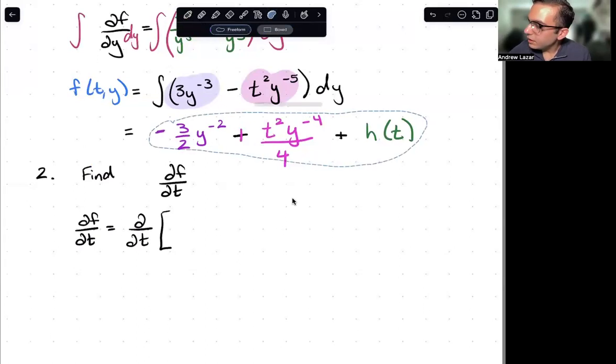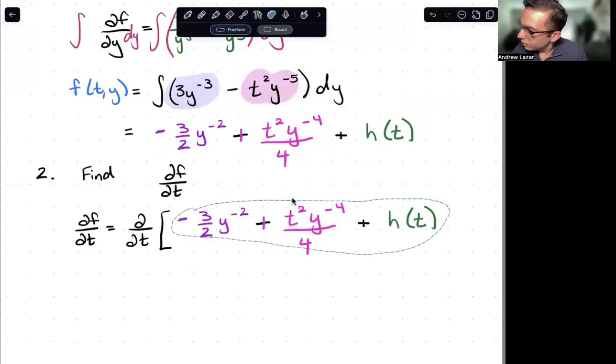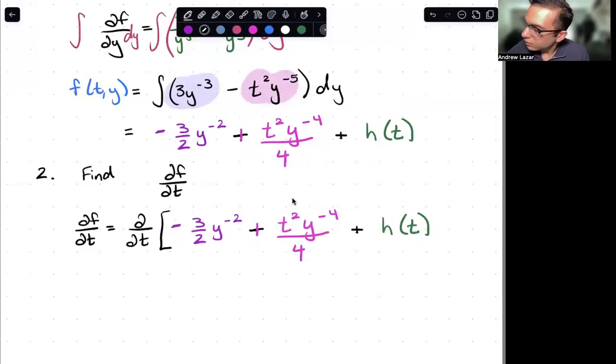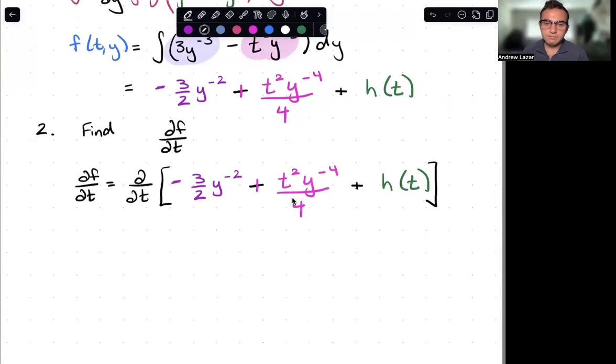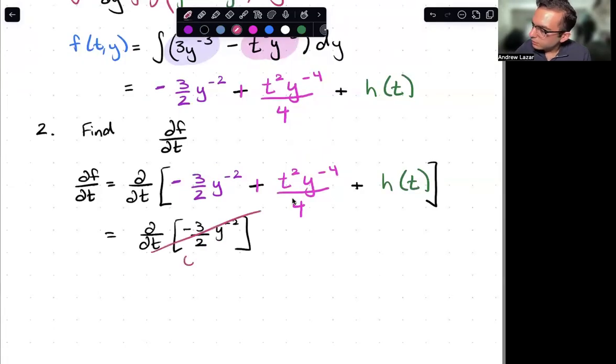So I'm going to copy that over. And this is what we are differentiating. Well, the derivative of negative 3/2 y to the negative 2, this guy would zero out. So the partial with respect to t of negative 3/2 y to the negative 2 will just zero out.